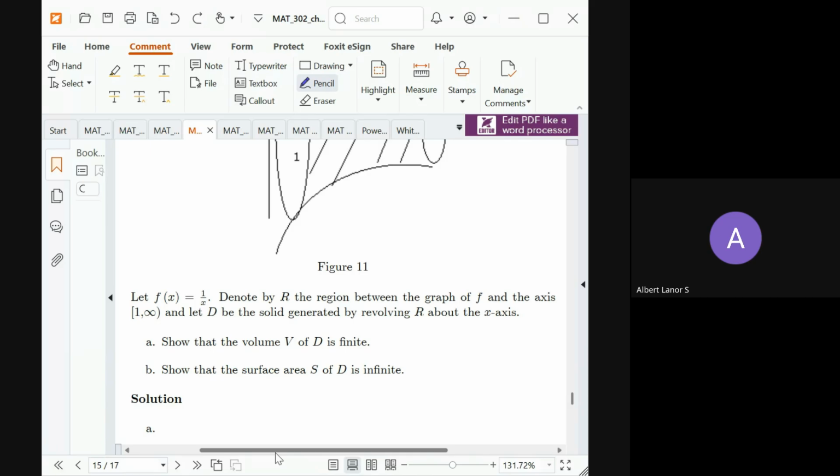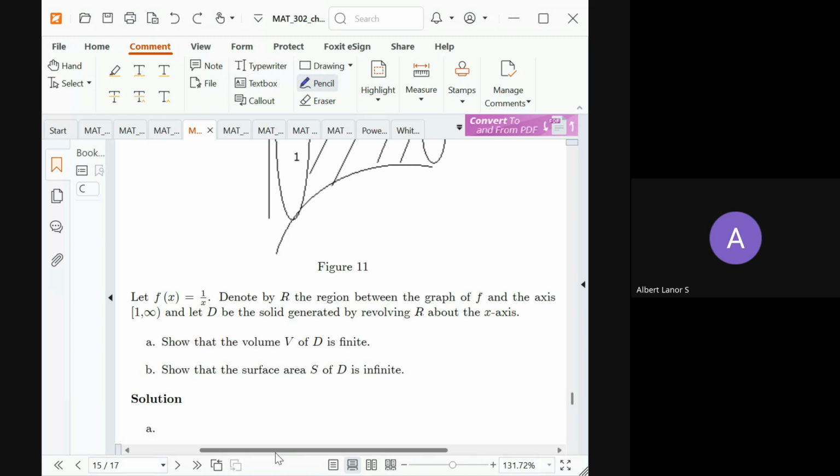Now, let f of x be 1 over x. Denote by R the region between the graph of f and the x-axis, and let D be the solid generated by revolving R about the x-axis. Show that the volume V of D is finite, and show that the surface area S of D is infinite.